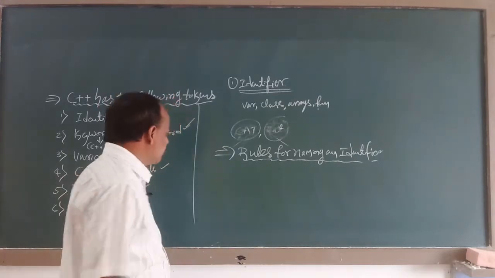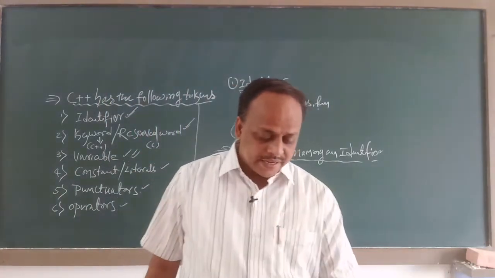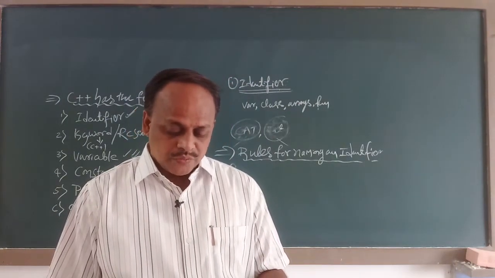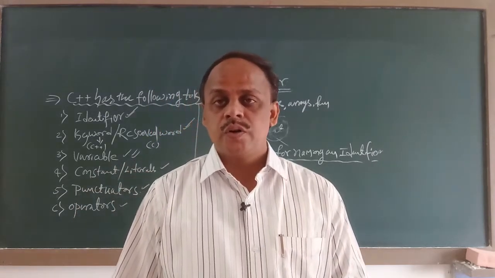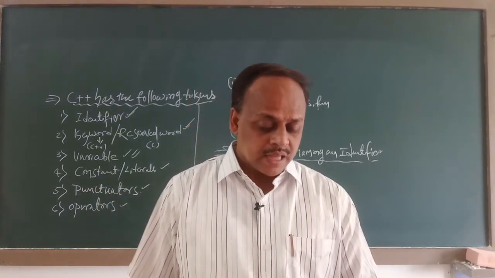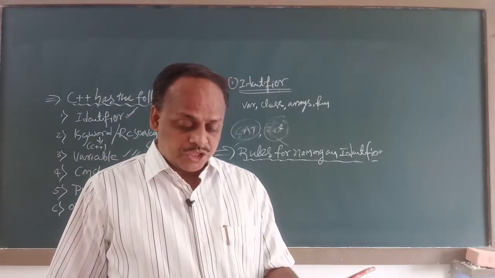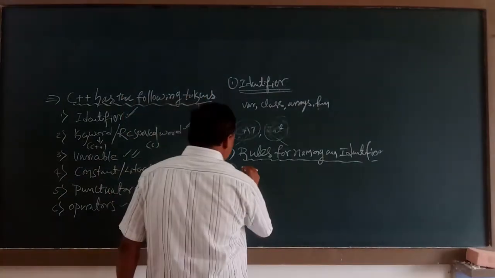What are those rules? What is the first rule? Identifiers are a sequence of characters which should begin with an alphabet or underscore. What it says: an identifier is a sequence of characters which should begin with an alphabet or underscore, right? This is the first rule.